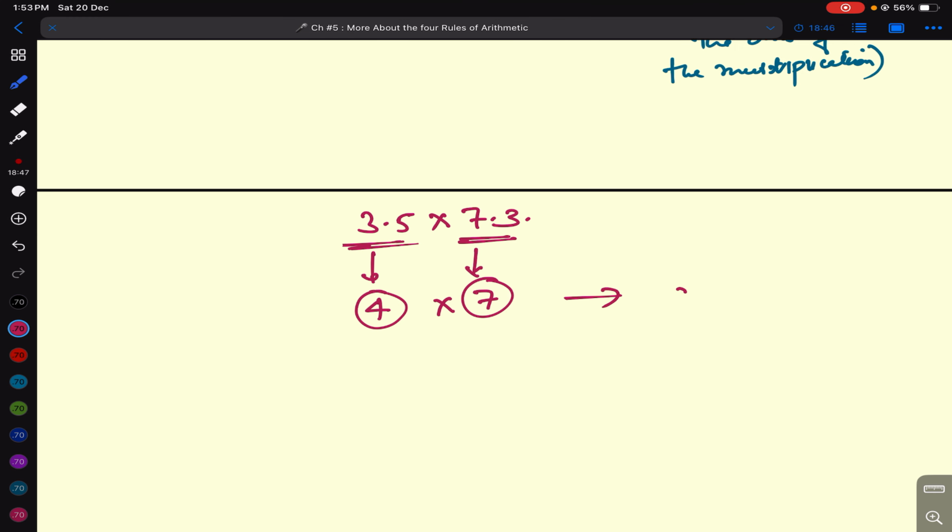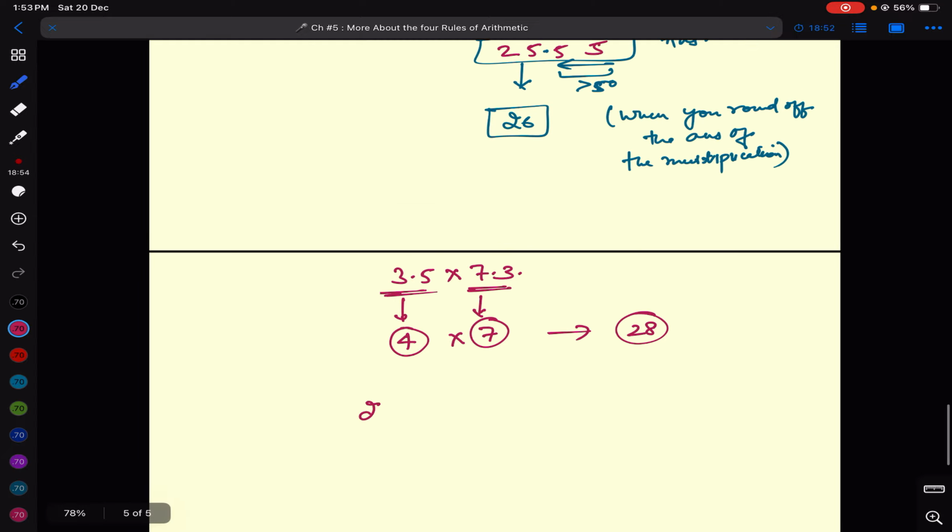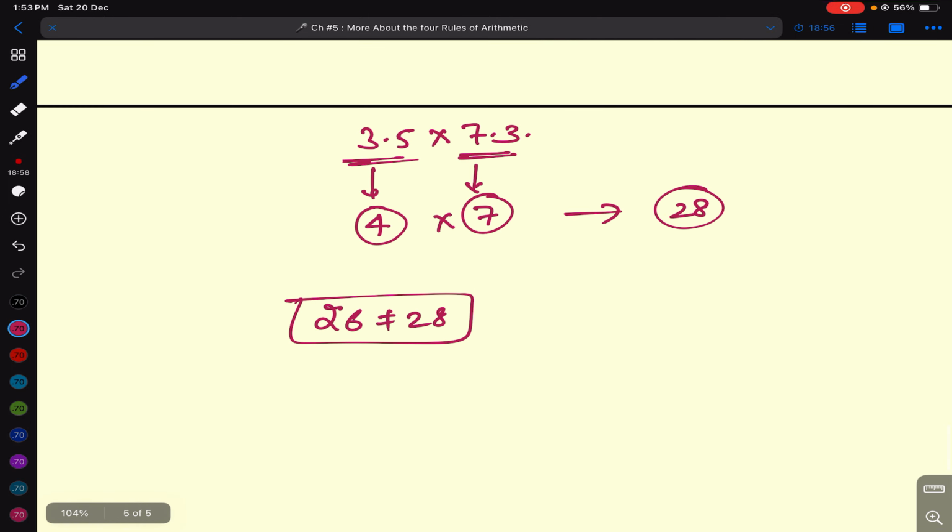When I multiply them, I get 28. So 28 is not equal to 26, but it is near. From the approximation we are not getting exactly the same answers, but they are near to each other, correct?